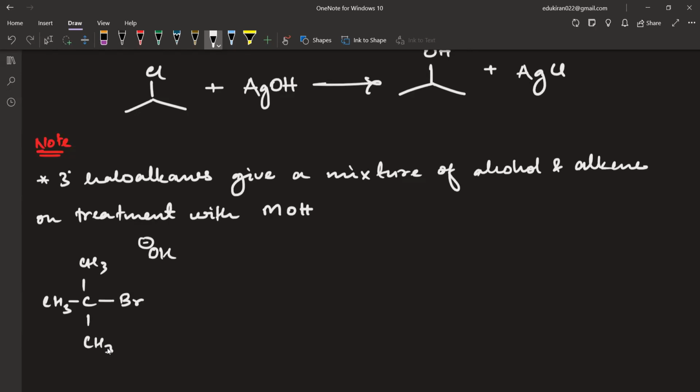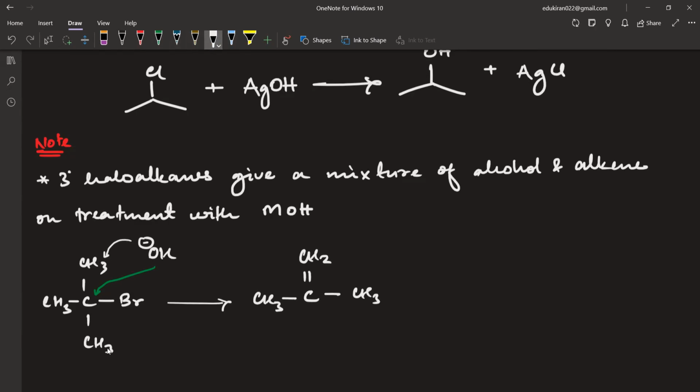So what does it do? It takes one of the hydrogens from here. There are two types of attack it can do: the white attack, or the green attack. Let us see if it does the white attack, then what is going to happen. Here we are going to get CH3, then carbon, CH2 and CH3.